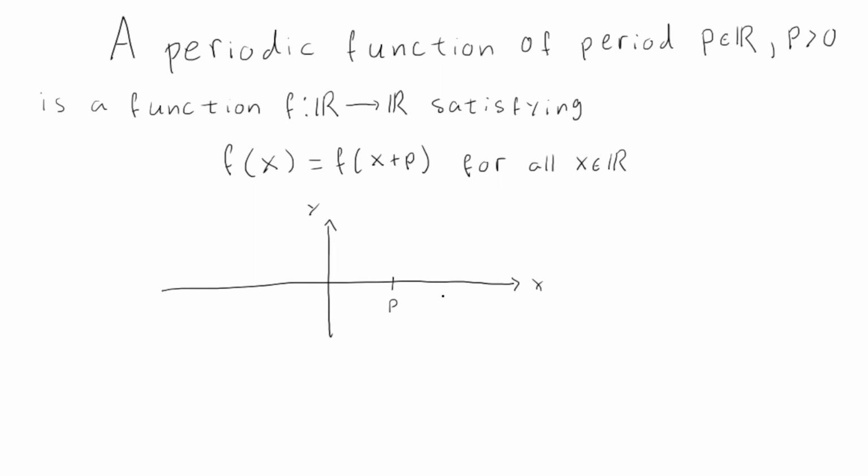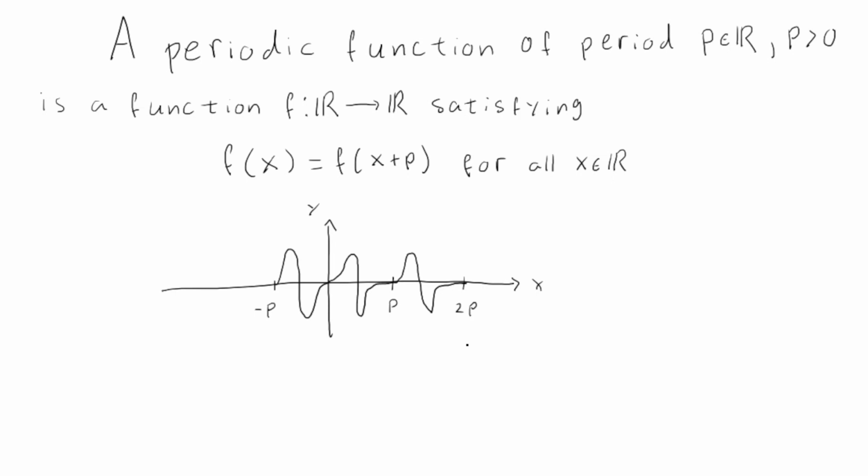So here's p, and here's 2p, and negative p. Basically, if you know what they do between 0 and p, you would know what they do everywhere else. This is not going to be perfect because I'm drawing by hand, but they repeat at every interval of size p.